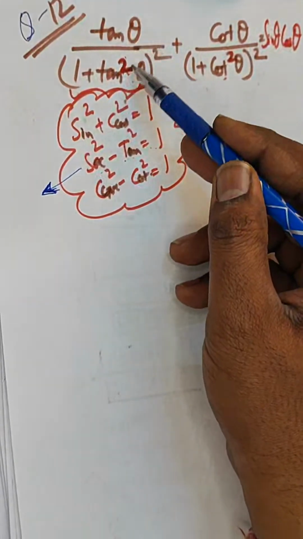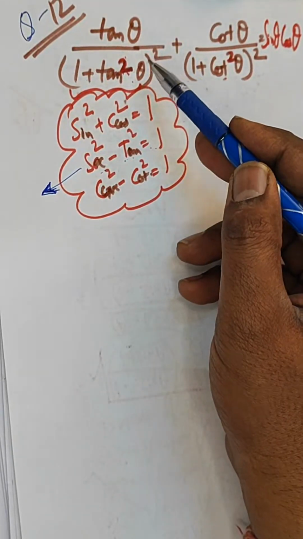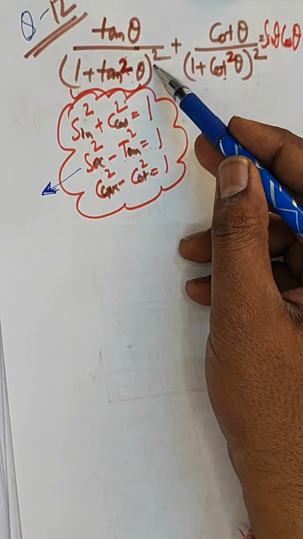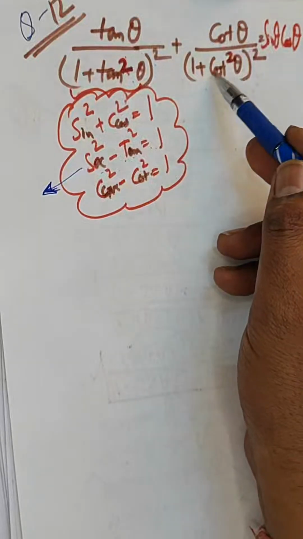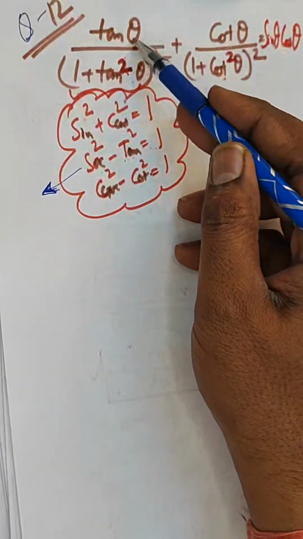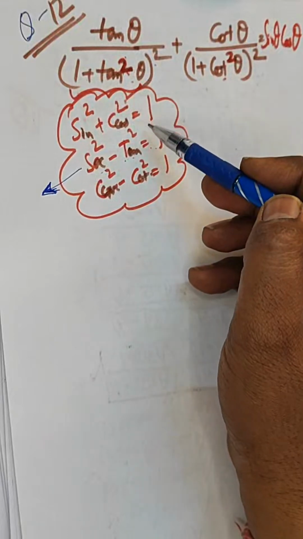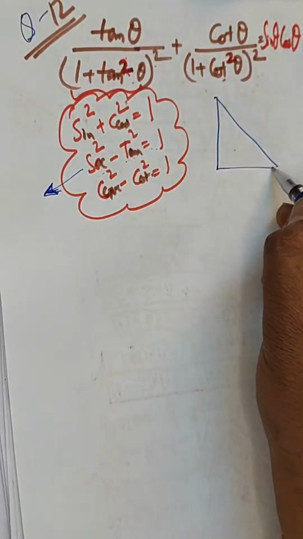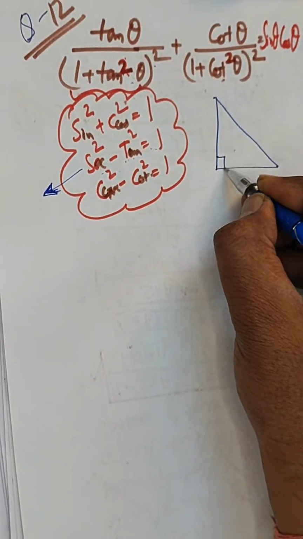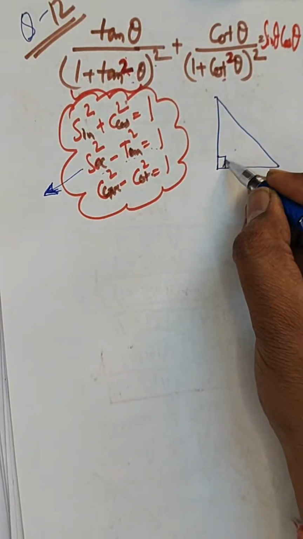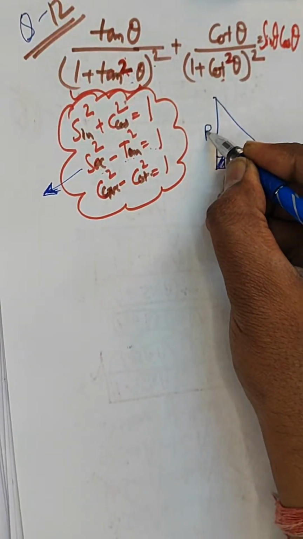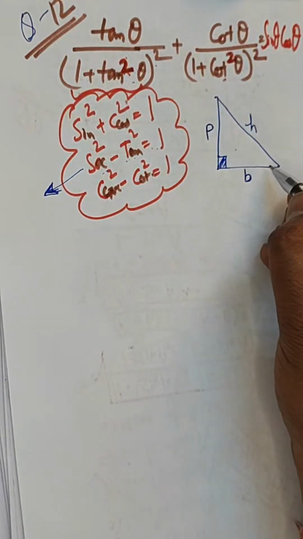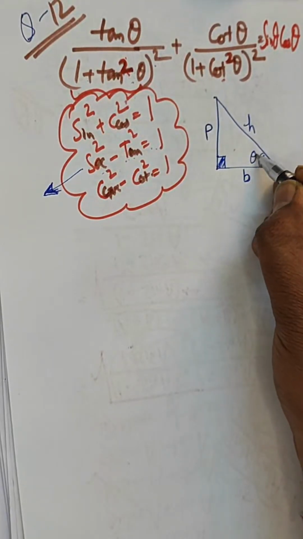Sec to the power 4 can be written into the form of tan, right? But see what the values are over here. Whenever this question comes to you and you are not able to proceed forward, just draw the right angle triangle. This is my perpendicular, this is my base, and this is my hypotenuse, when this angle is theta, right?